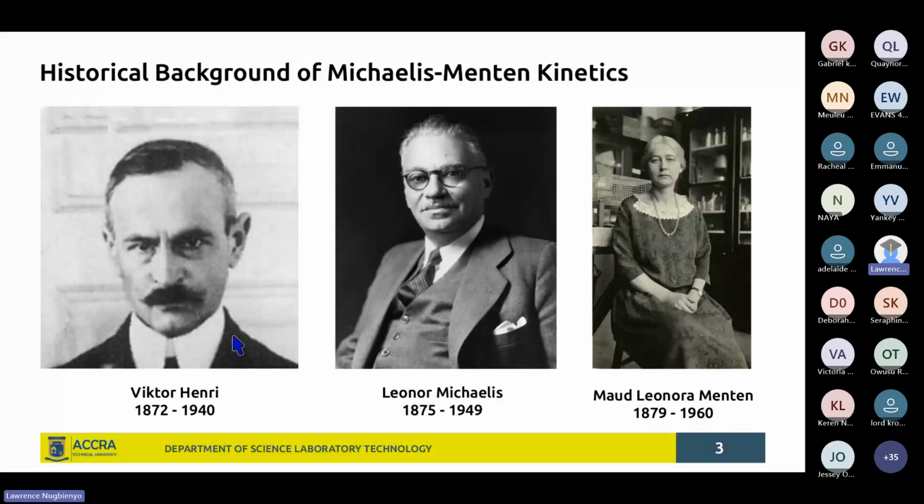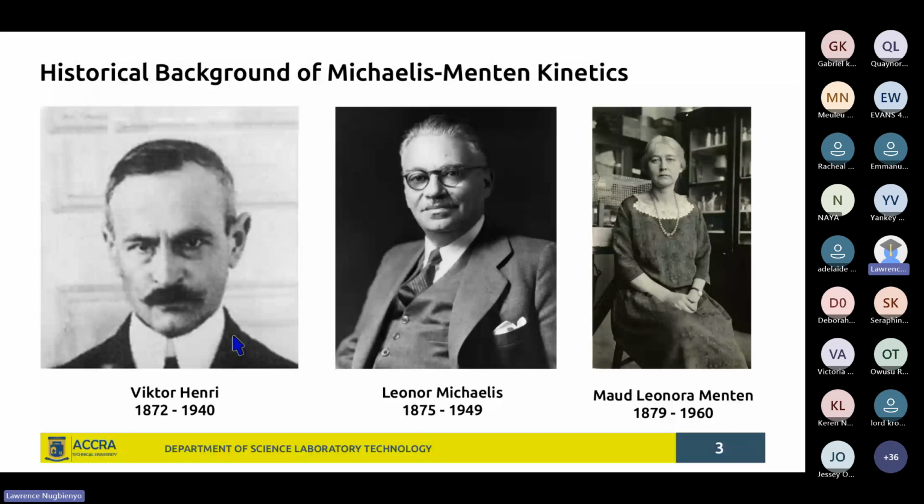And so he got this idea and came up with this equation, which could be used mathematically to represent the rate of a reaction based on the concentration of the substrate. But at the time, the scientists didn't fully understand the equation that he actually developed.